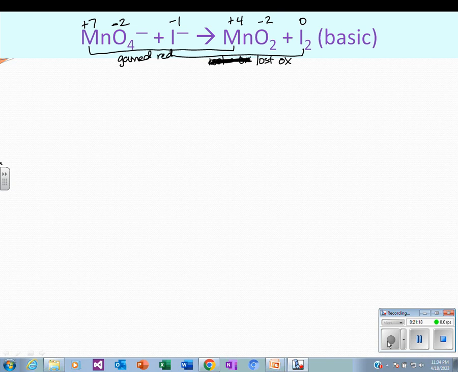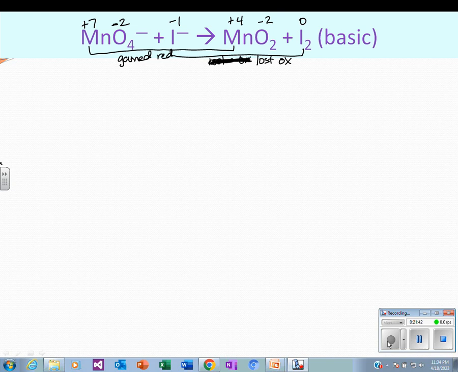Then we have a minus 1. Then on the product side, oxygen's a minus 2, so that's a minus 4. It's an overall charge of 0, so that makes manganese plus 4. And then iodine is 0. So the manganese gained electrons because it became less positive, so it was reduced.